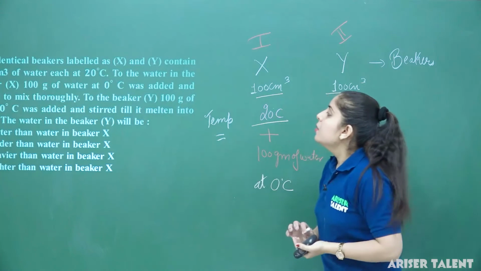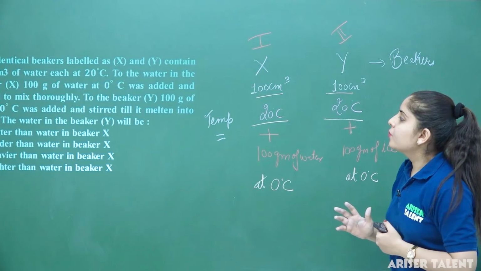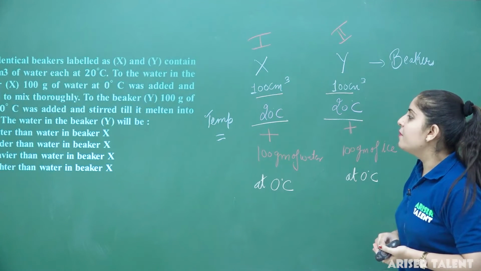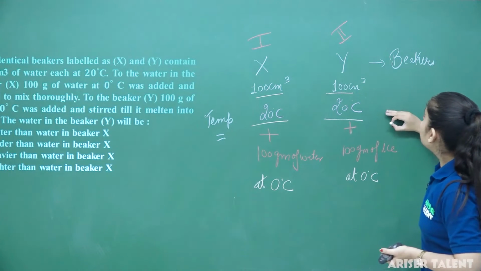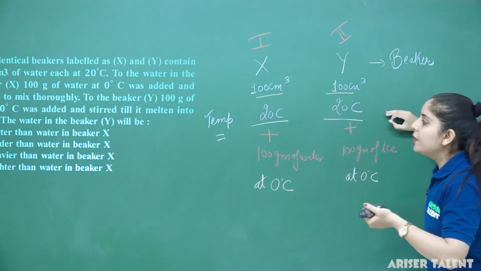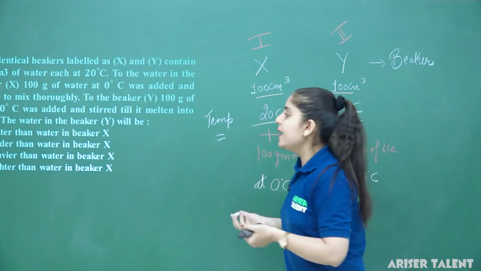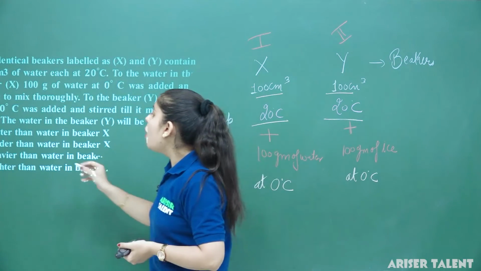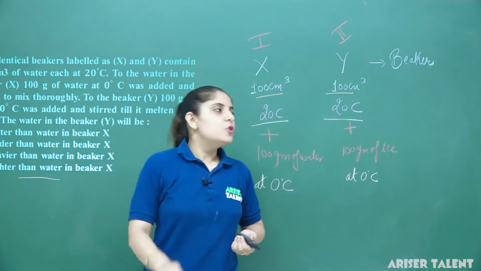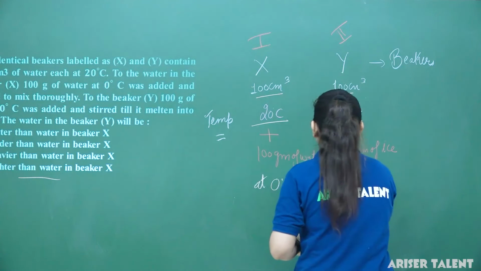Now you have to find out that the water in the beaker Y will be hotter than X, colder than X, heavier than X, or lighter than X. So, we have to do the comparison of both these systems.